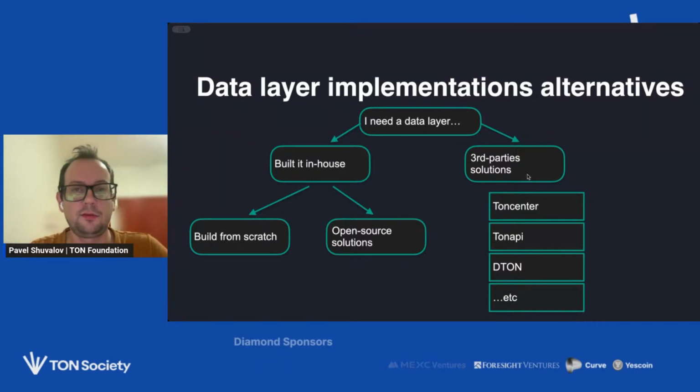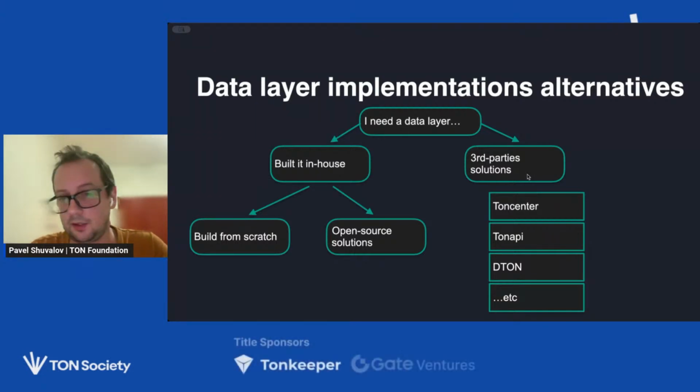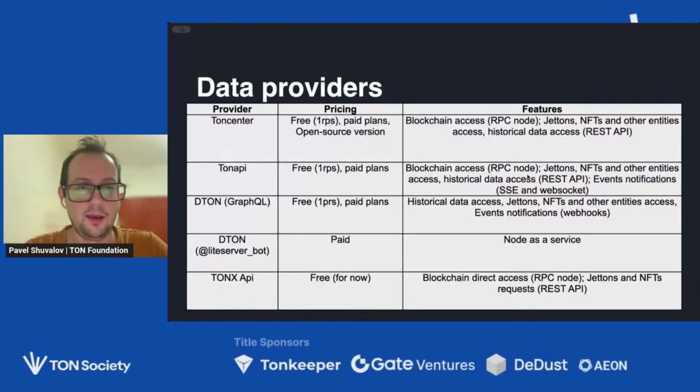The other alternative is to build your data layer in-house for your use case. And here you can choose between two options: to use some open source solutions, I will also cover this option, and to build it from scratch. It's also possible if you have a lot of free time.